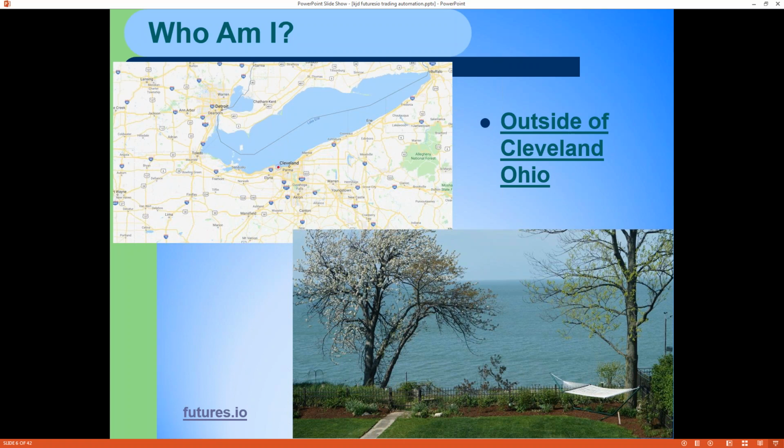We had a late spring here, and my goal trading, I always joke about it, is to be in the lower right corner of that picture where the hammock is, and to be able to sit there and just look at the water and stuff. And some days I can do it, and other days, the losing days, I don't feel as much like relaxing because I feel there's always more trading work to be done to get better. So that's a little bit about where I am.